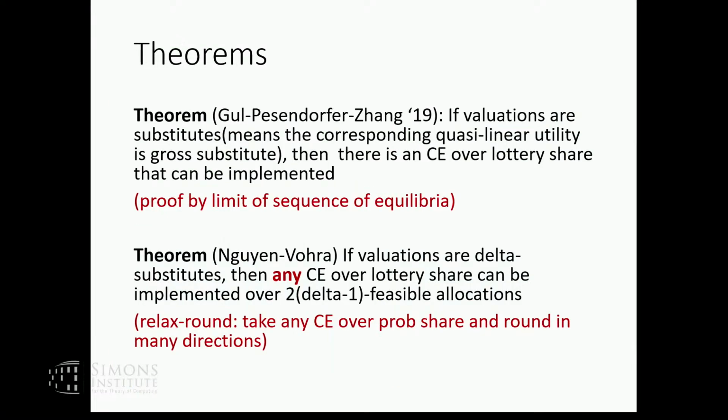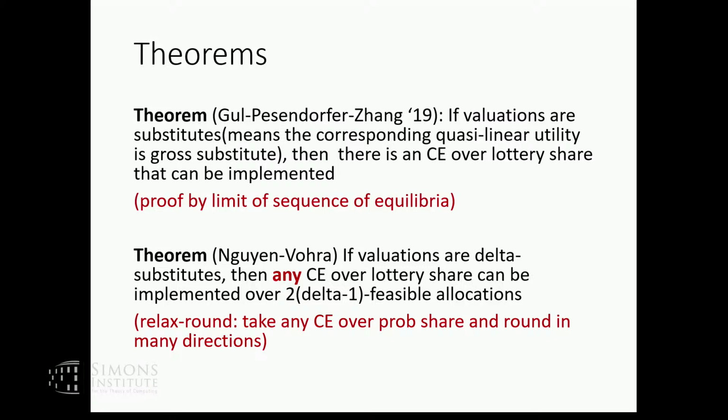Okay? So, theorem: Gul, Pesendorfer, and Zhang prove that if the valuations are substitutes, then you can do it. The proof is quite complex. It's shown by a limit of a sequence of equilibria in a setting with money, and it converges to a setting where there's no money.